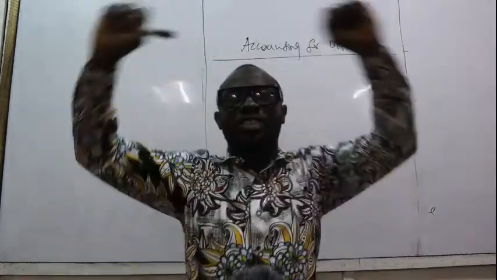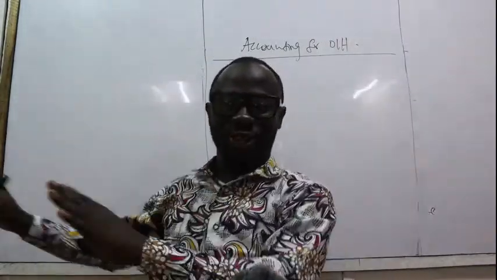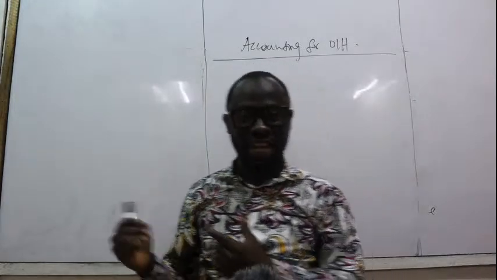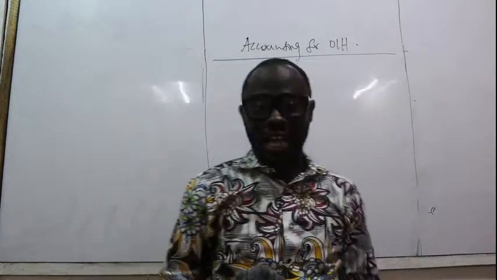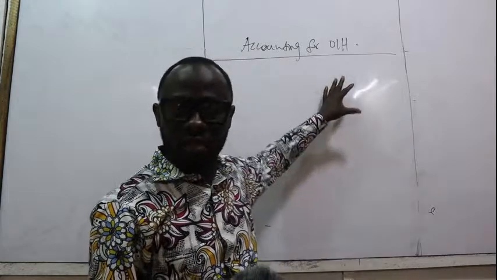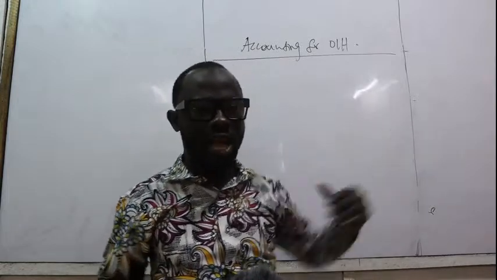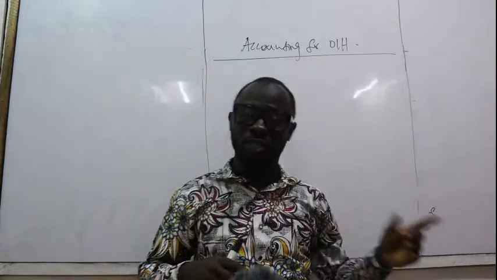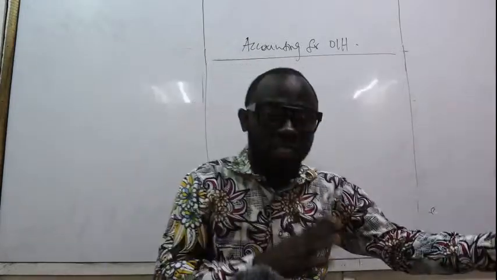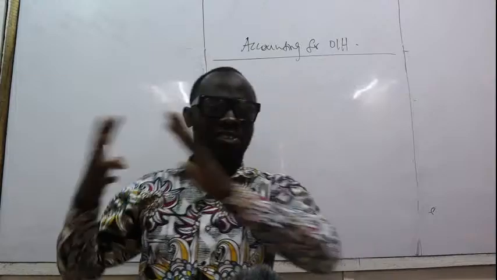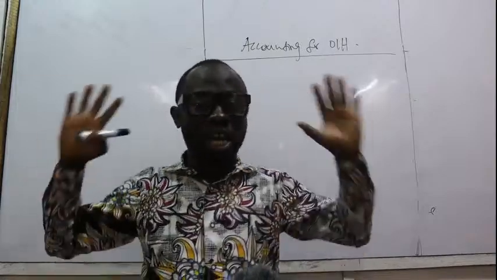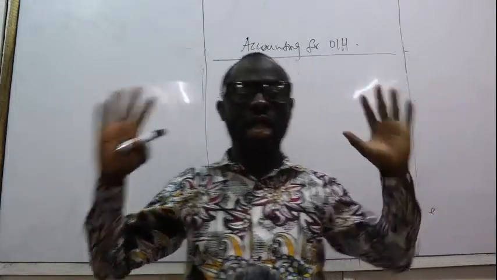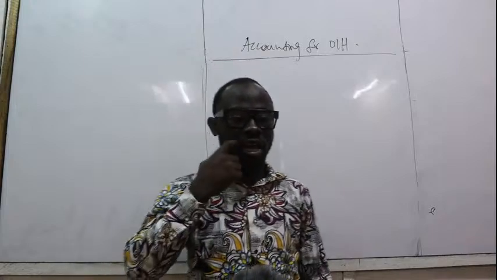If you don't understand anything that we've done so far, today is going to be very critical, because whatever we're going to be doing here is going to go into preparation of the cost sheet or the profit statement, either using the marginal costing school of thought or the absorption costing school of thought. So this is a very critical area that you want to pay very much attention to.